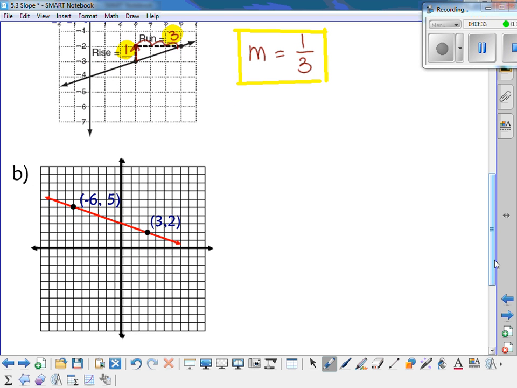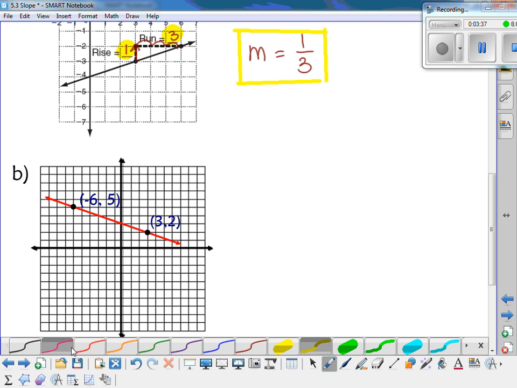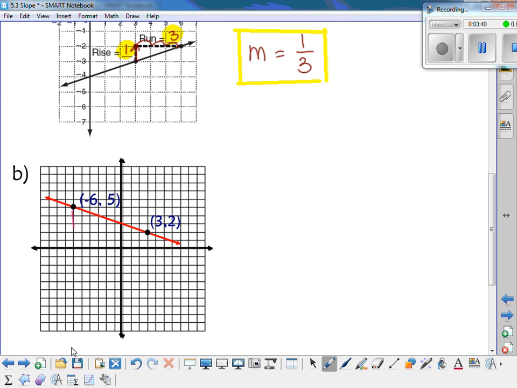All right, so for this one I'm going from negative 6.5 over to 3.2. So if I look at my graph, I'm going down 3, and then 1, 2, 3, 4, 5, 6, 7, 8, 9. I'm going to the right 9.